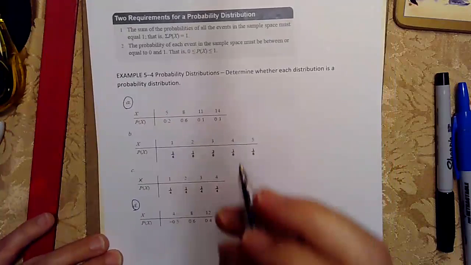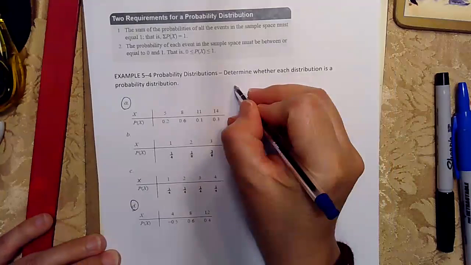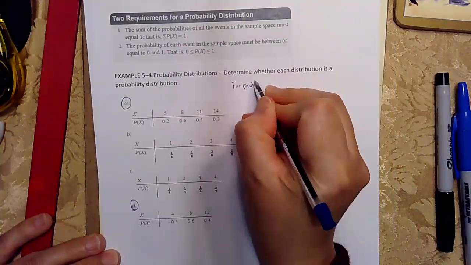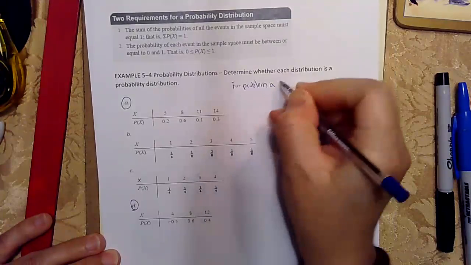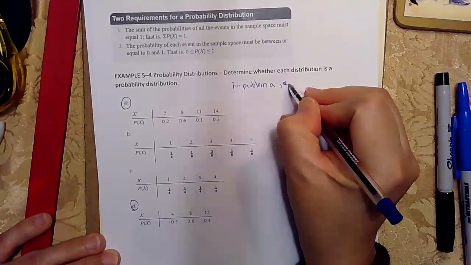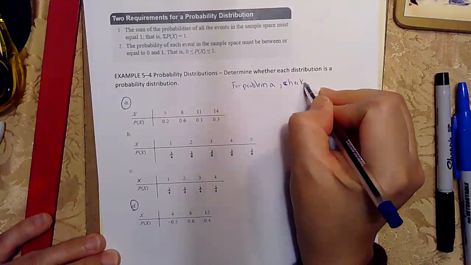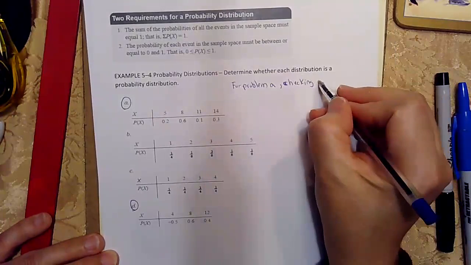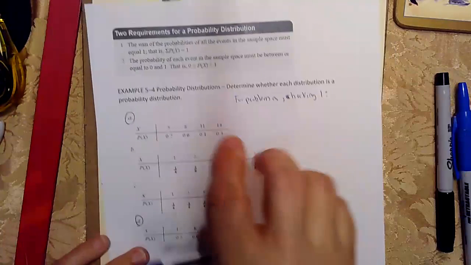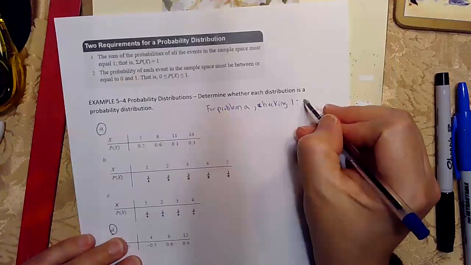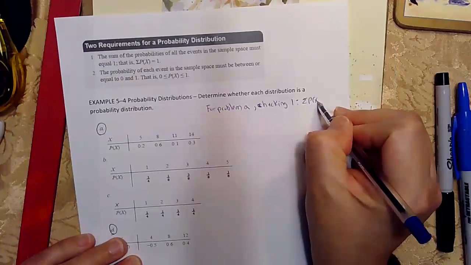So we're going to do A. For problem A, I'm checking 1, and what I mean by 1 is this, see, 1 and 2. So I'm checking 1, which is the summation of P of X equals 1.